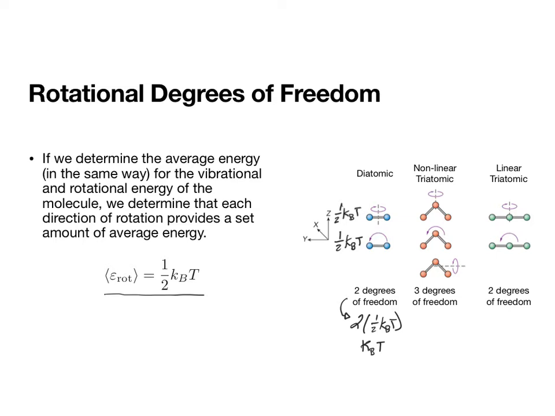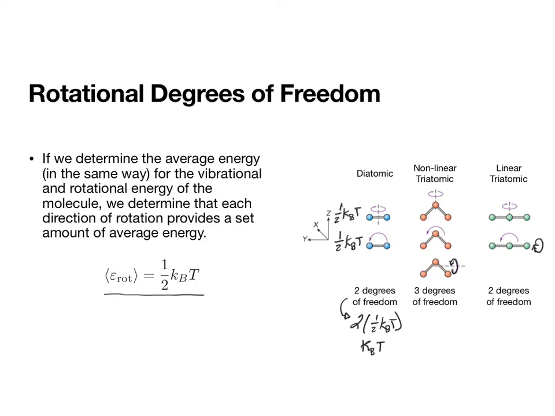Nonlinear triatomics have a 3rd direction that they can rotate. So remember, whenever we talked about the rotational partition function, that for these linear molecules, rotation along the axis of the bond, that spinning, did not count as an actual rotation because there was no change in the positioning of the atoms.